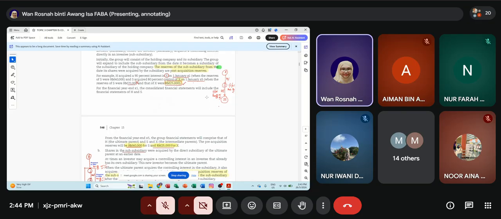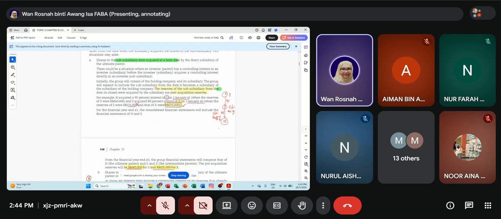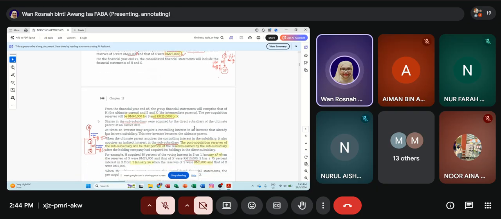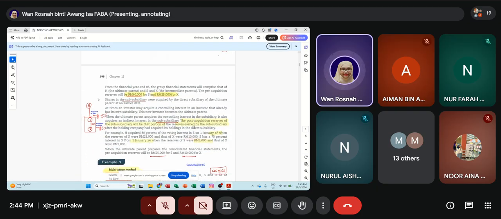Okay, in this case, the first issue, H acquires S, later on S acquires SS. But in this example, the holding company acquires S in 2007, for example, whereby S already acquired SS in 2004.